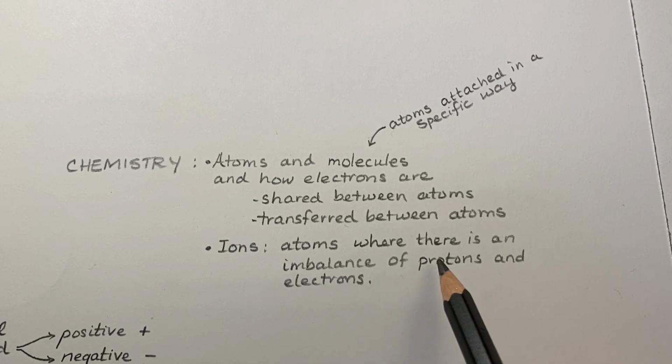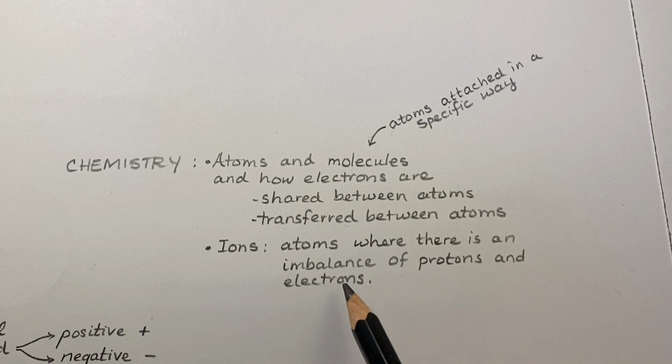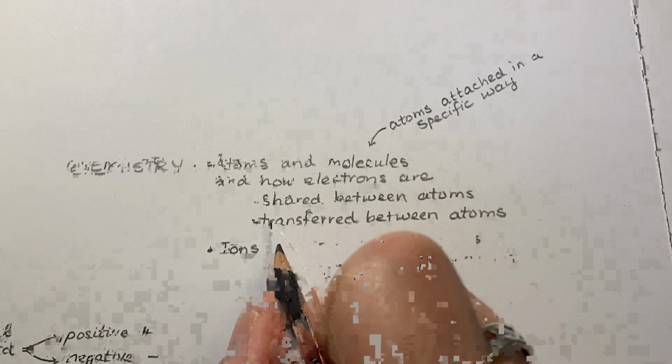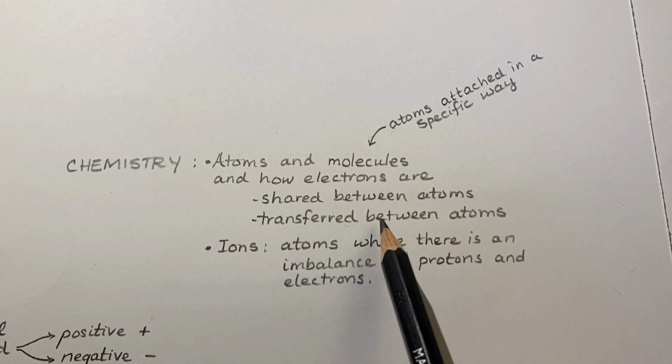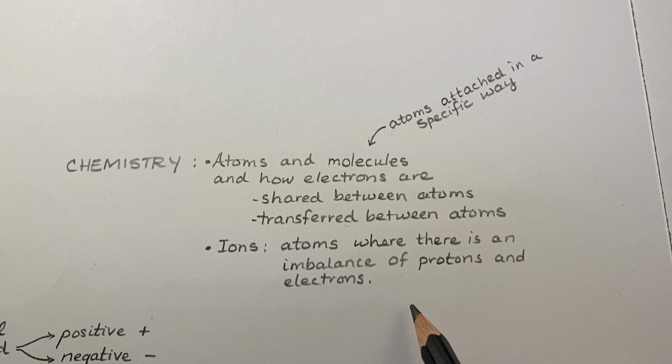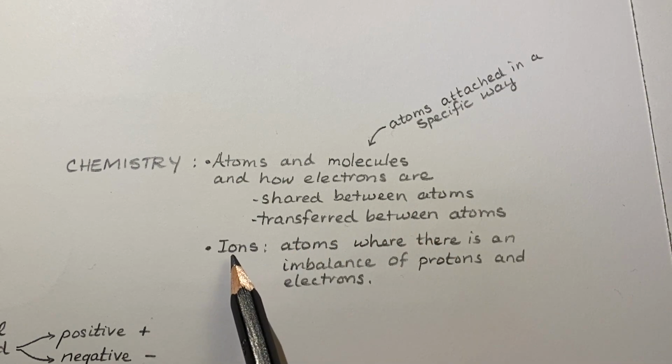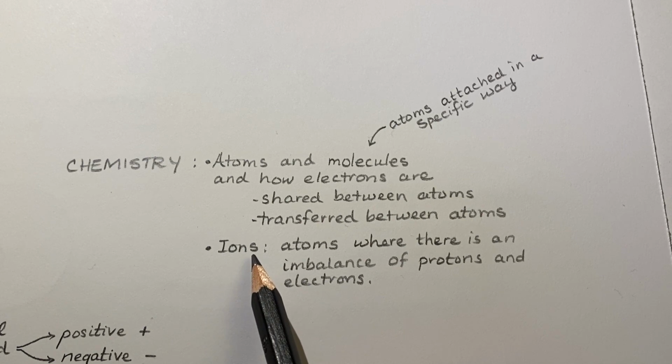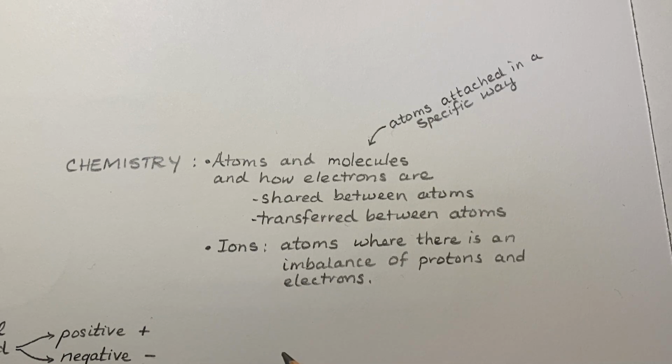No longer are they equal if you've removed an electron. Like I said here, transferred between atoms. If you have an electron go from one to another, then one of the atoms will end up being positively charged. The other one will be negatively charged. Now we call them ions because they're charged, and those can attract each other.